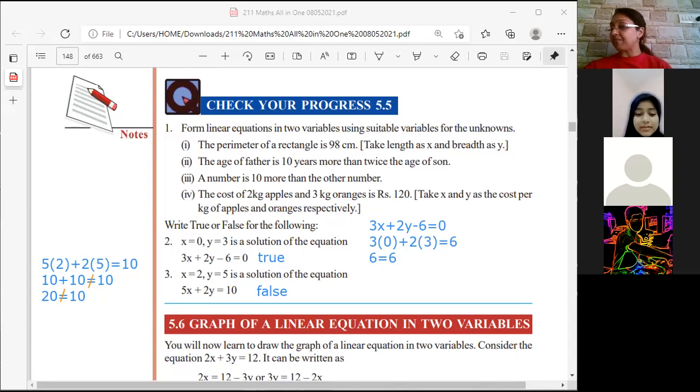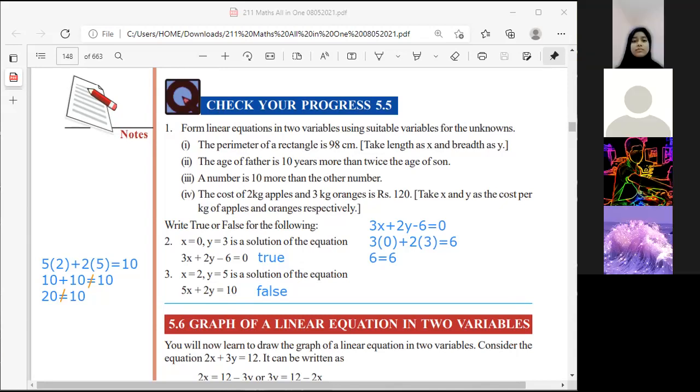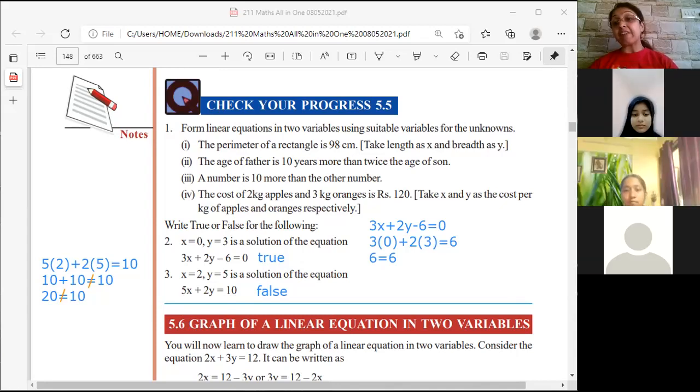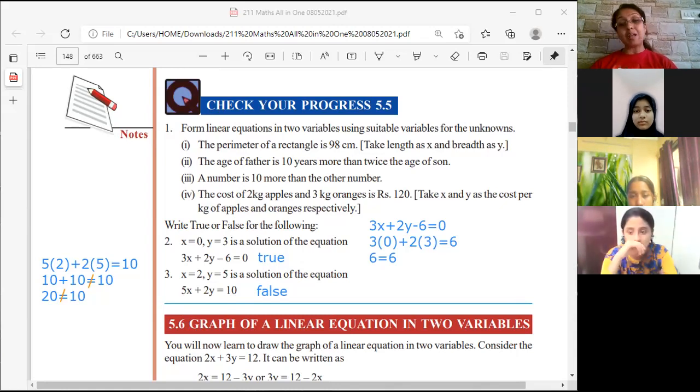Today we have done 5.4 and 5.5. In the next class, we will do 5.6. For that, I am telling you right now, we will require a graph paper. Graph paper or a graph book, because we have an exercise to do. One paper will not be enough.